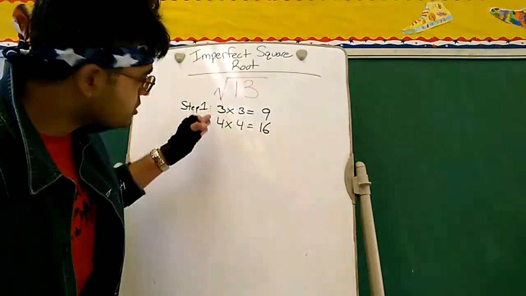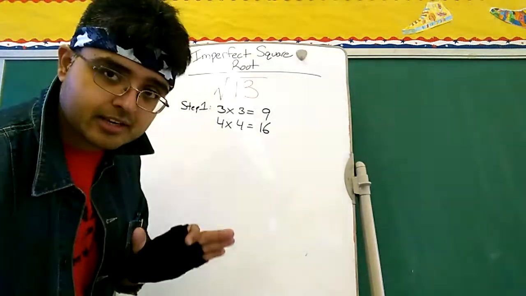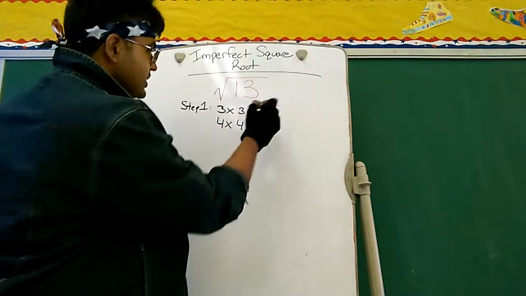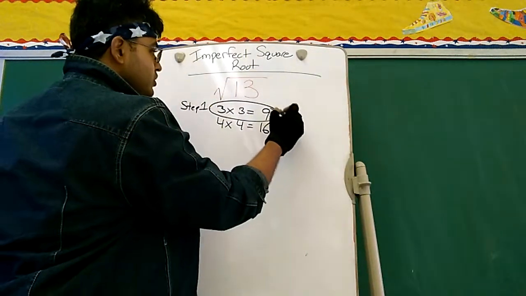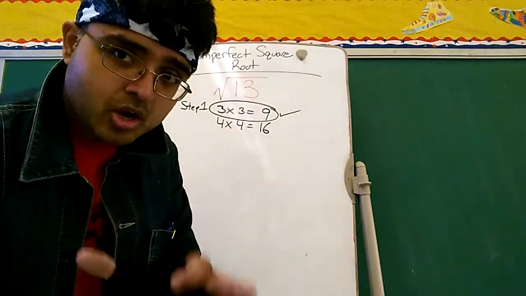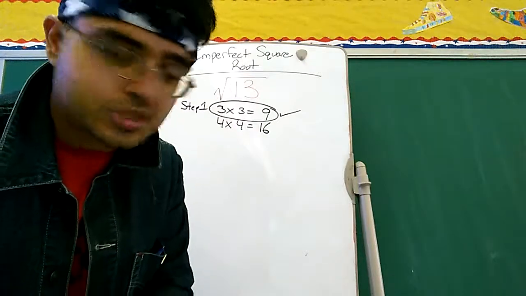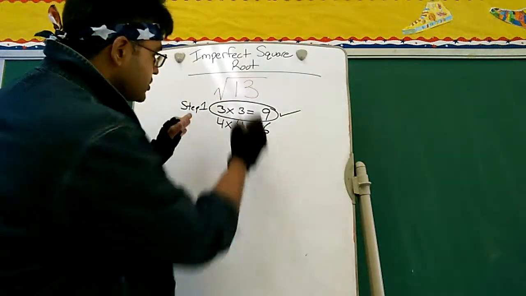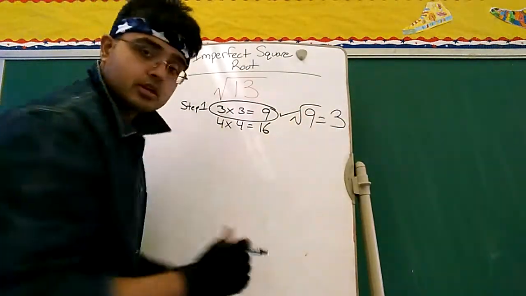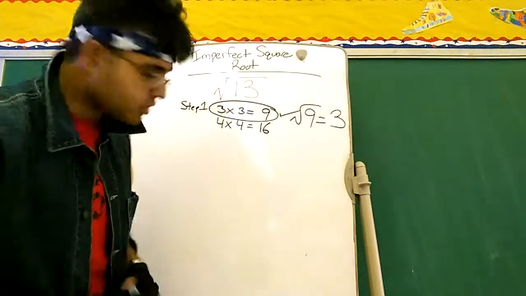Which one of these perfect square roots are close to the number 13? And just by looking at it, we can immediately guess that 3 times 3 is the closest perfect square root. So in step number 1, we have decided which perfect square root we're going to use to solve this problem. And it's going to be the square root of 9, which is equal to 3. Step 1, done.